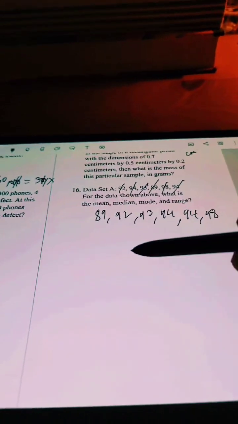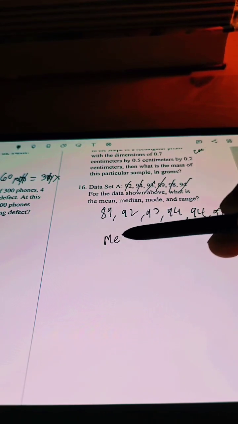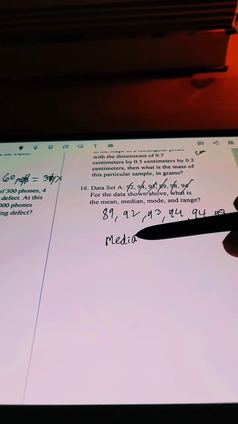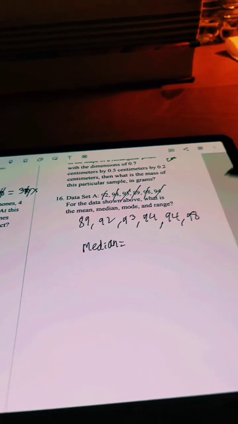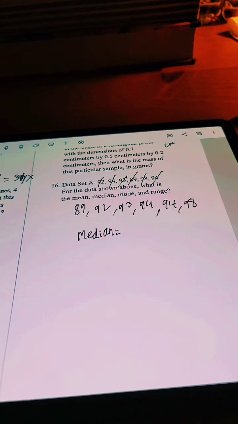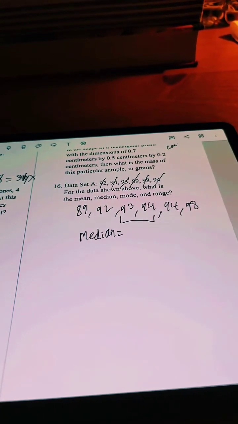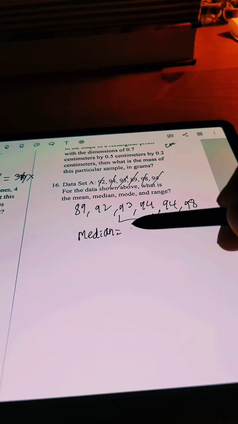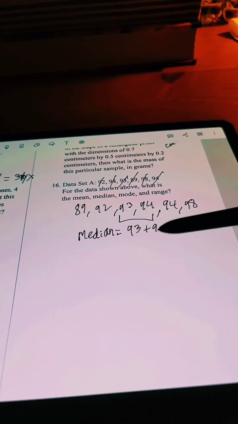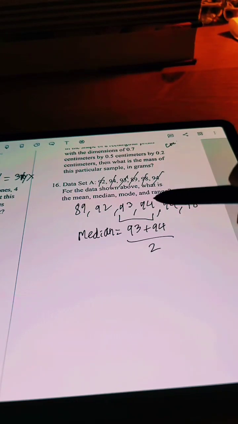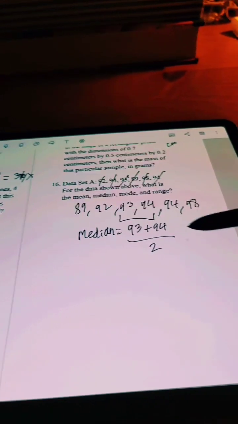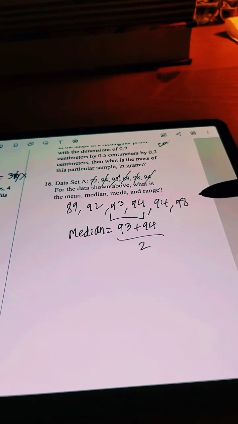So I can easily figure out the median, which means the middle value when you order it from least to greatest, but you'll see there are 2 values in the middle, 93 and 94. When that happens, you add them up and divide by 2 because you're taking the average of those two middle numbers.